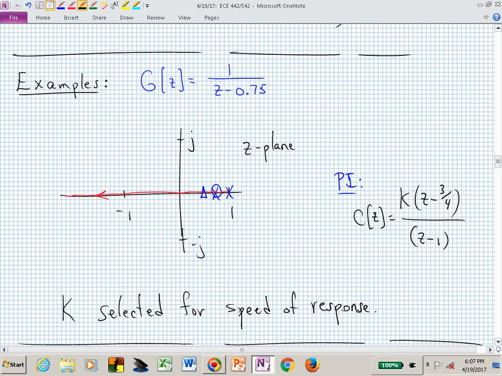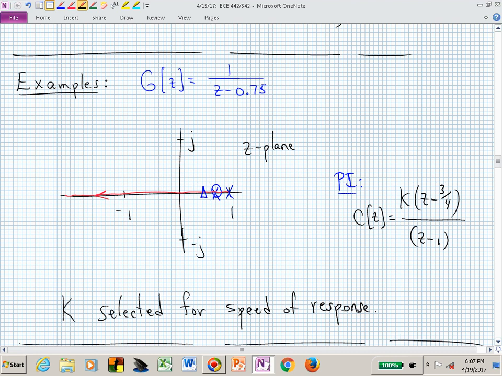The sample period you can select. You have pretty good control over sample period, so that's already been selected for you, hasn't it? Because I didn't tell you anything, I just gave you a G of Z. So the sample period has already been determined, and that did what? Well, that put that pole of your plant at 3/4.